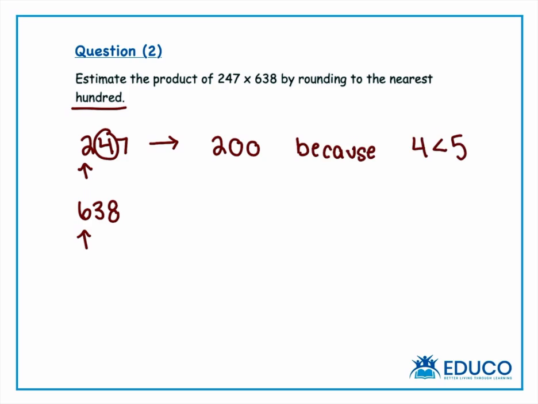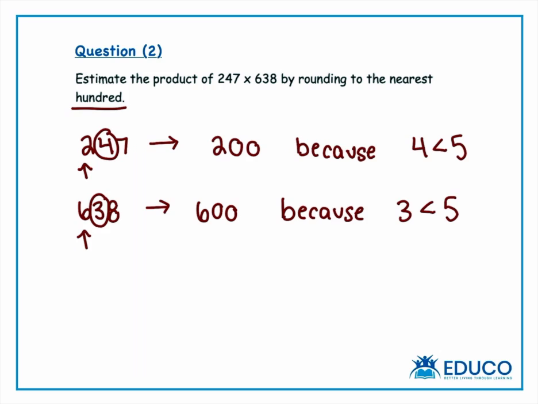Now, if I look at 638, I'm going to look at my 3. We know that we also have to round down to 600 because 3 is less than 5. Anything bigger than 5, we're always going to round up, and anything less than 5, we want to round down. Now our estimation is going to become a lot easier.